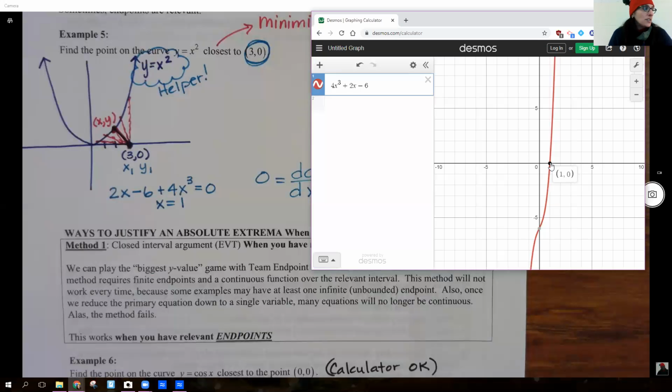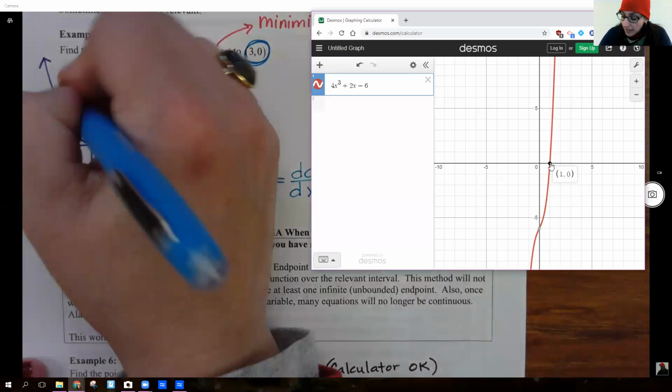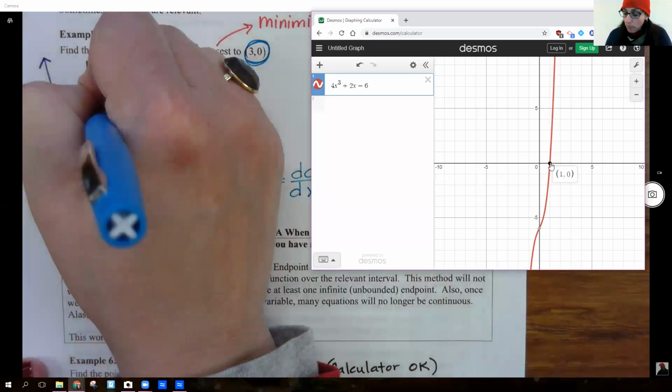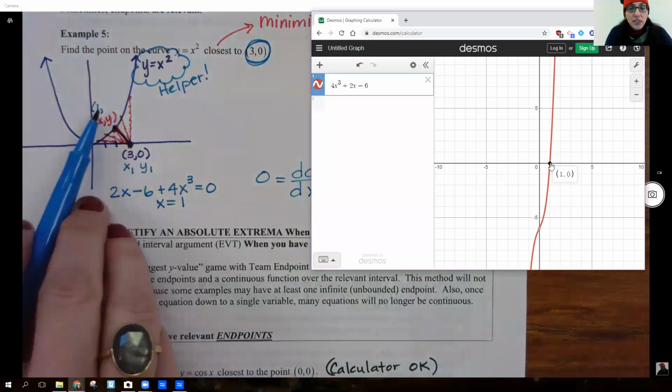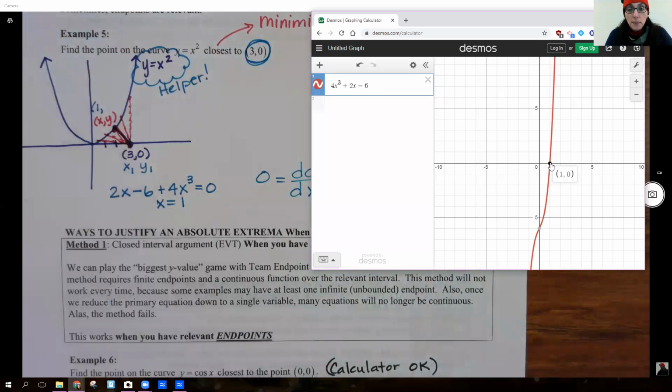Okay. So remember what the whole goal here is. It's to find the point on the parabola that's closest to 3, 0. So far we know that the x coordinate of that point is 1. How do I get the y coordinate of that point?